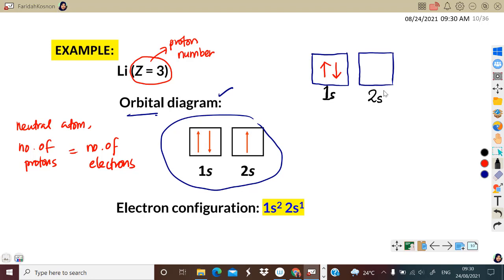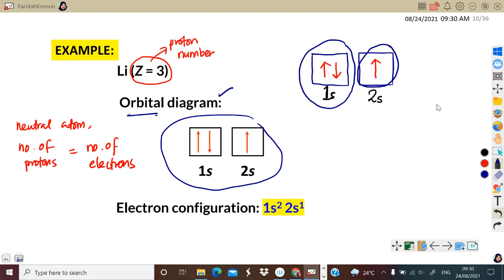Jadi ada berapa lagi baki elektron yang akan occupy 2s orbital? 1 electron with opposite spin. Jadi sekarang, how many electrons occupy 1s orbital? 2 electrons occupy 1s orbital. How many electrons occupy 2s orbital? 1 electron occupies 2s orbital.